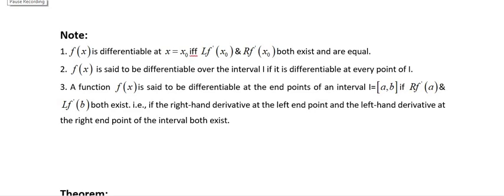Next, we have some important points. F of x is said to be differentiable at x equal to x naught if and only if the right hand derivative and left hand derivative both exist and are equal. Then only we say that f of x is differentiable. Second point, f of x is said to be differentiable over the interval I if it is differentiable at every point of the interval.